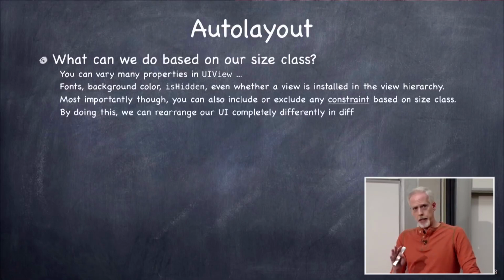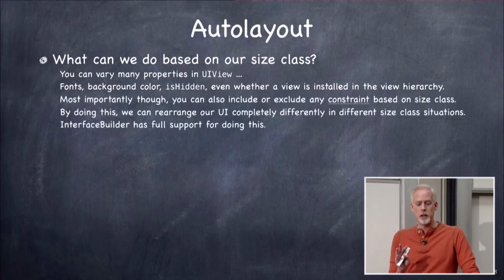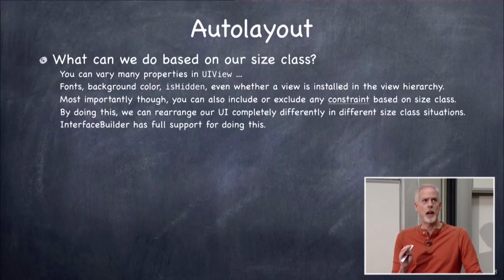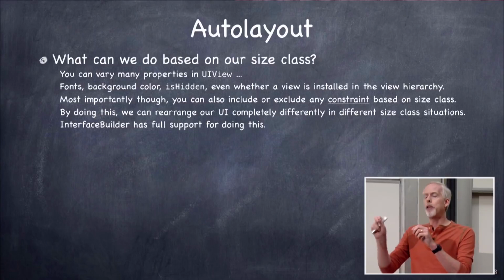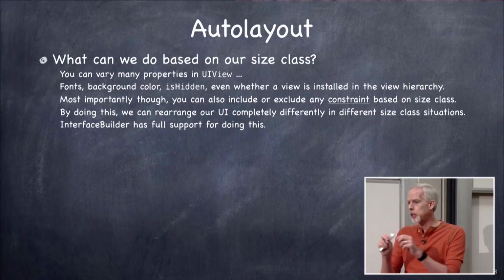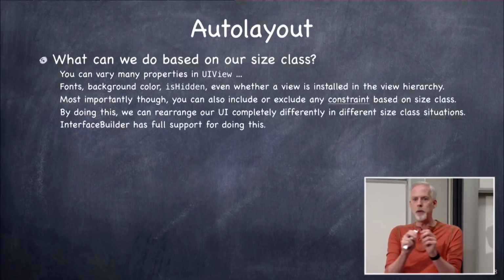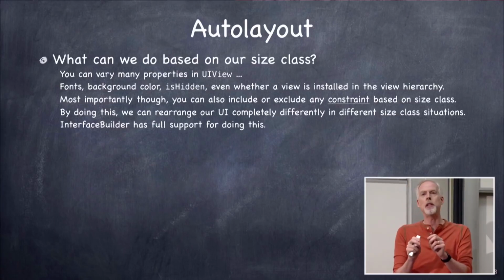But more importantly, and the most powerful thing you can do, is have your constraints be tied to your size class. Okay? Because remember, what puts anything on screen in any place? Well, it's just the constraints, right? The constraints are what constrains a view to being in a certain space in Autolayout.